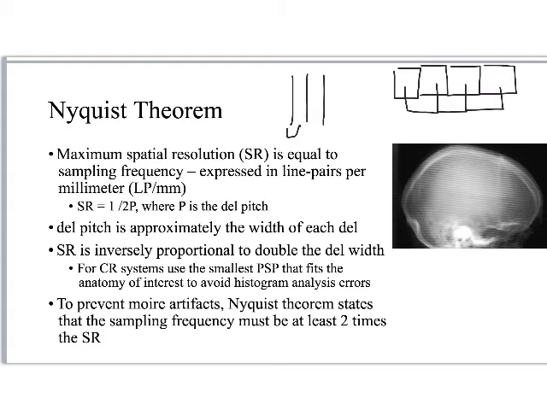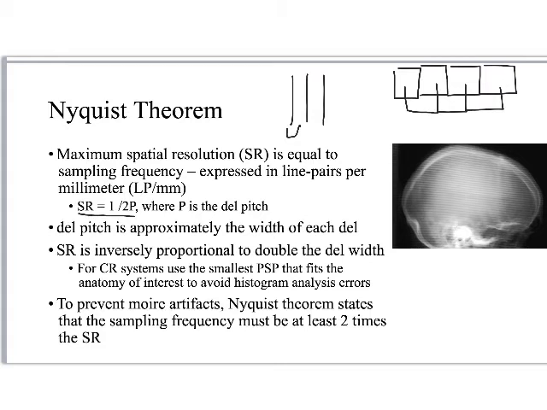Spatial resolution is inversely proportional to double the del width. Right? I'll say that one more time. That's what this formula, by the way, is saying. Spatial resolution is inversely proportional to double the del width. So for CR systems that use a very small PSP, if we use a smaller photostimulable phosphor plate, one that fits the anatomy of interest, we're going to avoid histogram analysis errors, right?